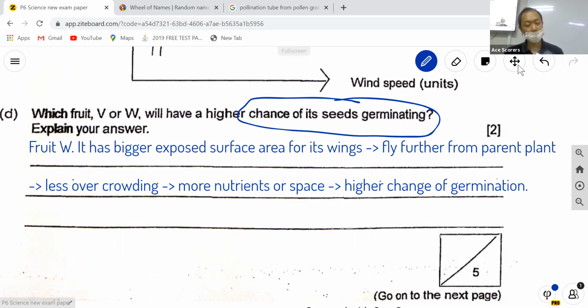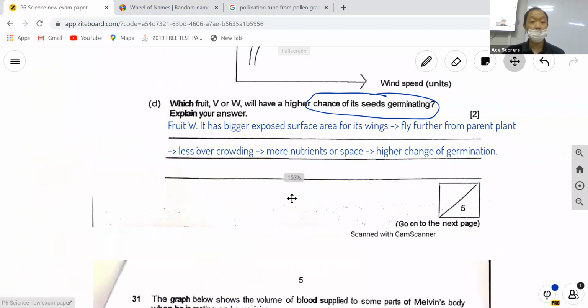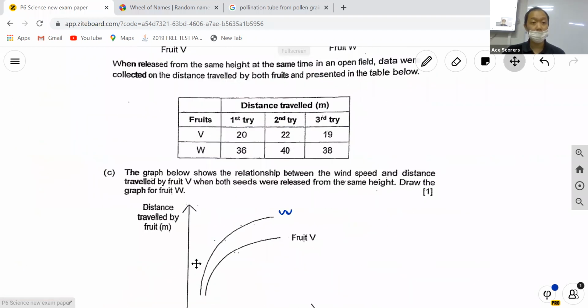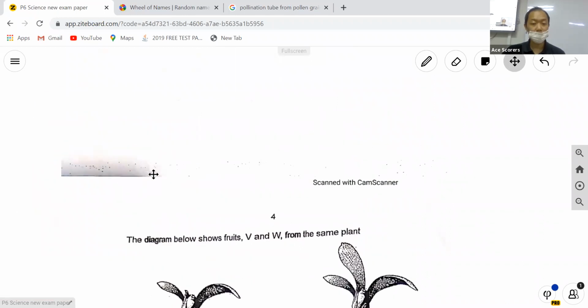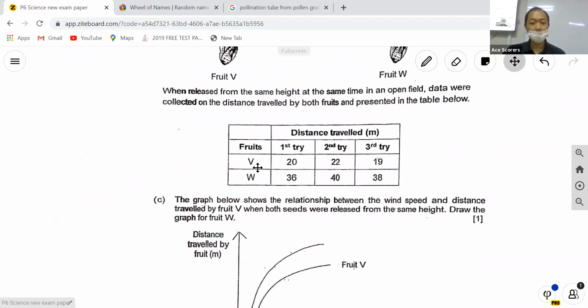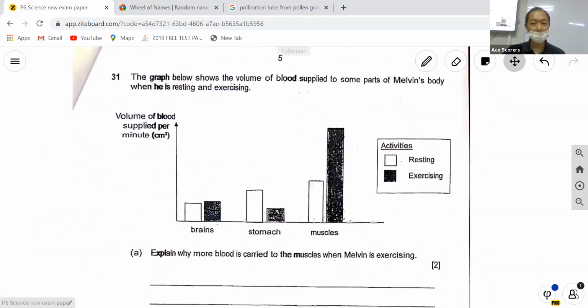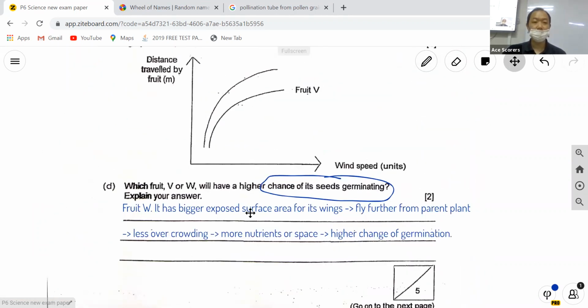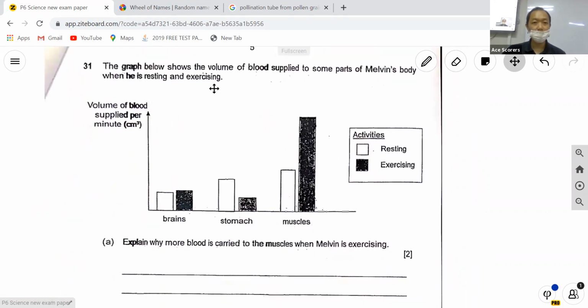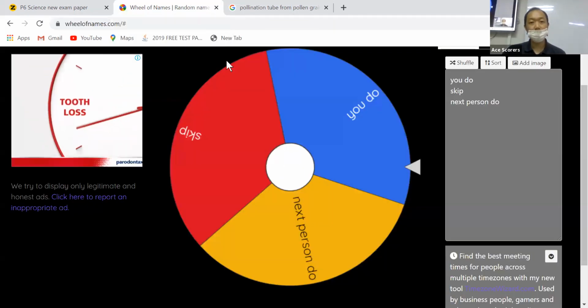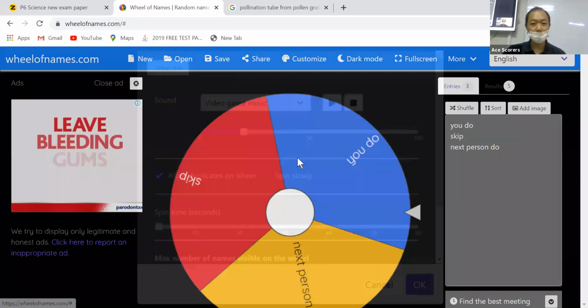Okay, next one. Wait, this is another question number 3. Wait, what? Oh, that's the second part of the first question. Okay, next question. This one is Ashton's turn. Well, the music goes.